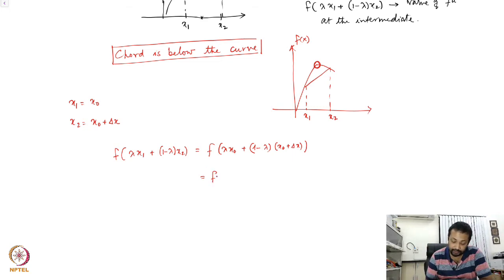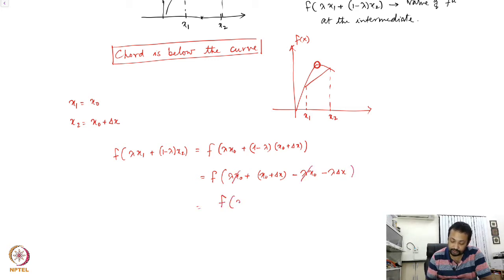If you expand this, this becomes lambda x0 plus delta x minus lambda x0 minus lambda delta x. This gets cancelled out.